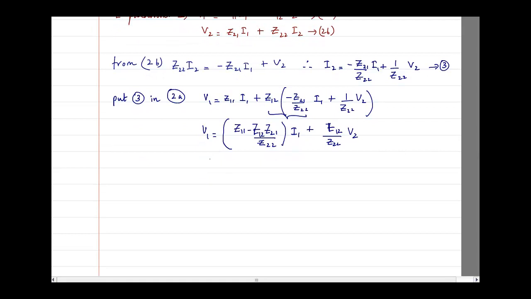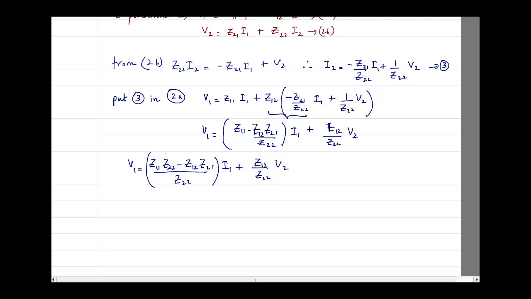Where I can do this cross multiplication and write V1 is equal to Z11 into Z22 minus Z12 into Z21 divided by Z22 into I1 plus Z12 divided by Z22 into V2.